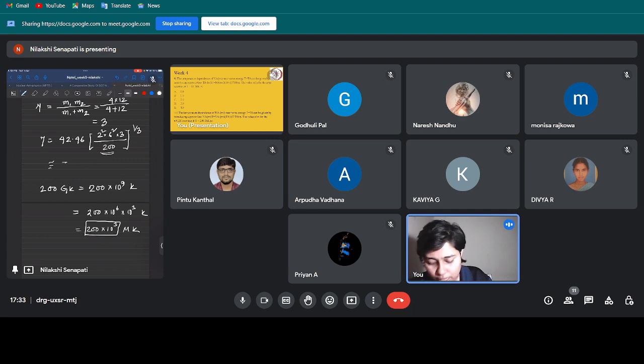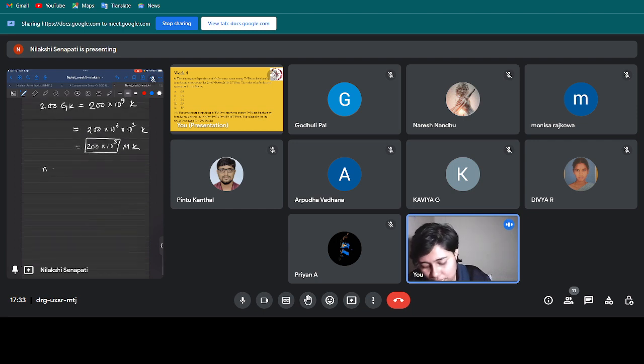If you calculate this, you will get 54.9, that is the value of tau. Now what is the relation between n and tau? n varies as tau to the power minus 2 by 3, that I have shown you in the previous day's discussion. It comes from comparing the power on both sides.